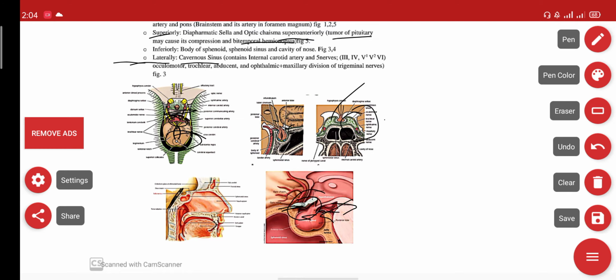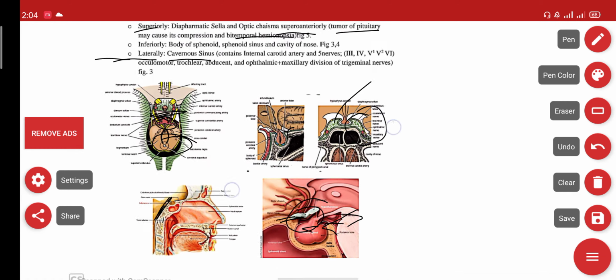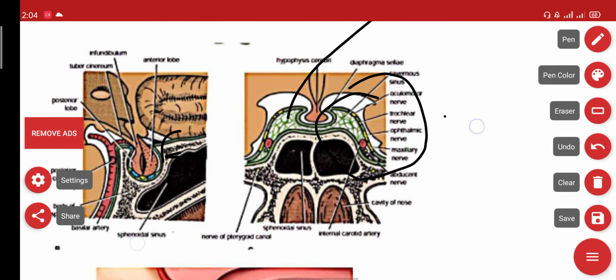Now the cavernous sinus contains various structures, and you have to remember these structures. It contains the internal carotid artery, then you have V1 and V2, the ophthalmic nerve and the maxillary nerve. These are from the trigeminal nerve. The trigeminal nerve has 3 divisions, and 2 of them pass through the cavernous sinus.